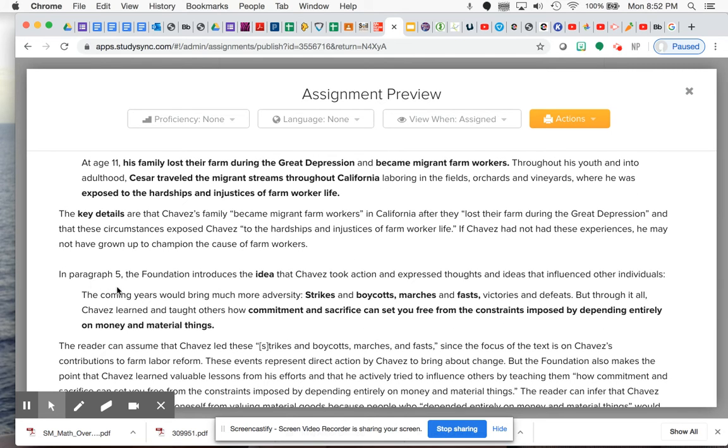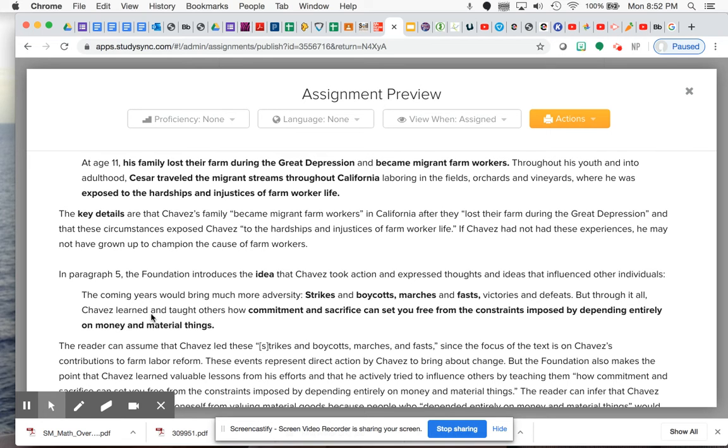In paragraph 5, the foundation introduces the idea that Chavez took action and expressed thoughts and ideas that influenced other individuals. "The coming years would bring much more adversity: strikes and boycotts, marches and fasts, victories and defeats.